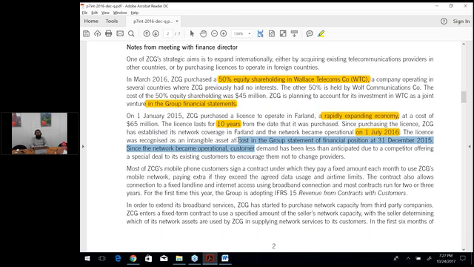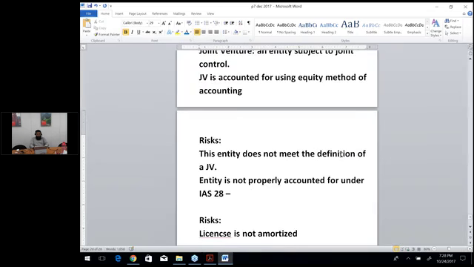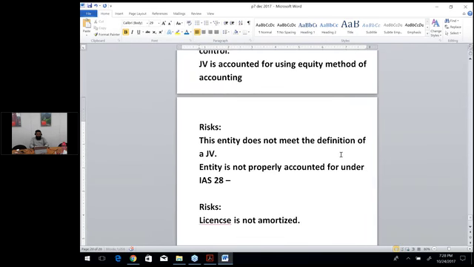The first risk is that the license is not amortized. There is one more risk.